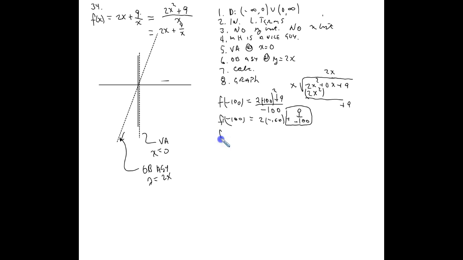Let's evaluate what's happening around 0. So we're going to look at what happens to f of 0 negative. Okay? So when we look at 0 negative, you realize that the numerator, 2x squared, is just going to be 2 times 0 squared, which is 0, plus 9, and we're going to divide it by 0 negative.